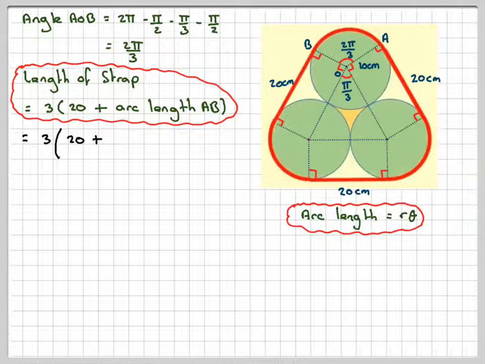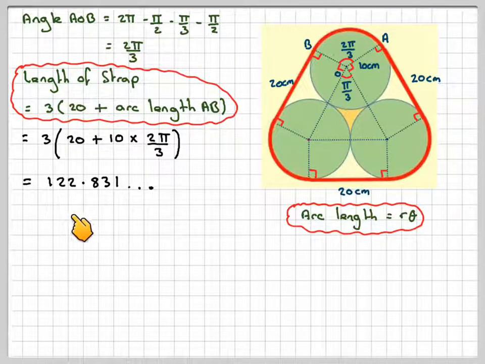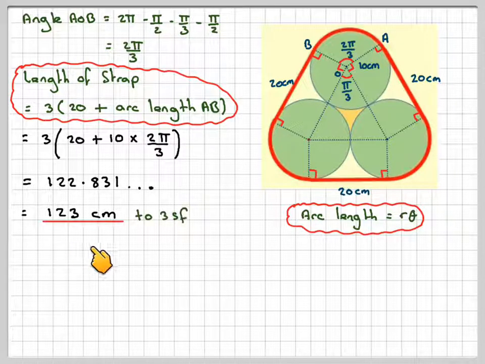So it's going to be 3 times 20 plus 3 times 10 times 2 pi by 3. The radius here is 10. And then that on your calculator gives you 122.831, which gives you 123 centimetres to 3 significant figures.